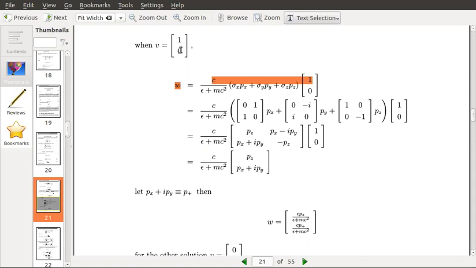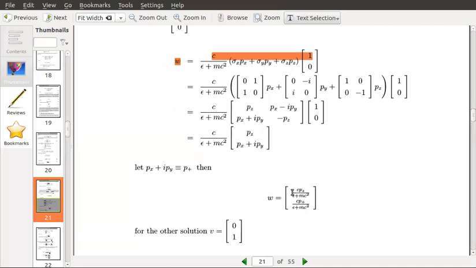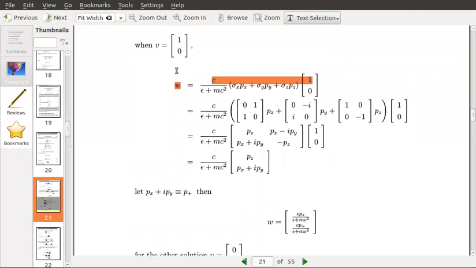Let c by epsilon plus mc square go inside. So you can write W equal to c pz by epsilon plus mc square, c p plus by epsilon plus mc square. That is for 1 0.